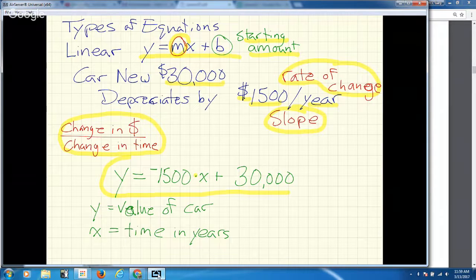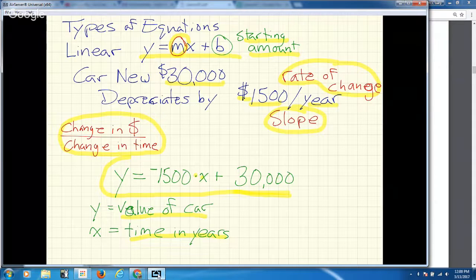So if 0 years go by, then all that I have is the 30,000. Otherwise, every year that goes by, we lose money. And so it's important to define our variables here. Y is the value of the car, x is the time in years. That's an example of a linear equation.